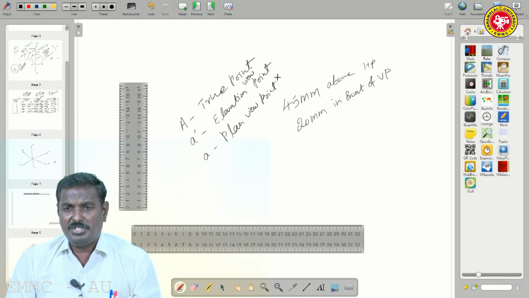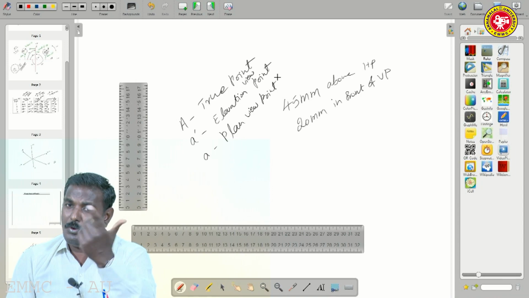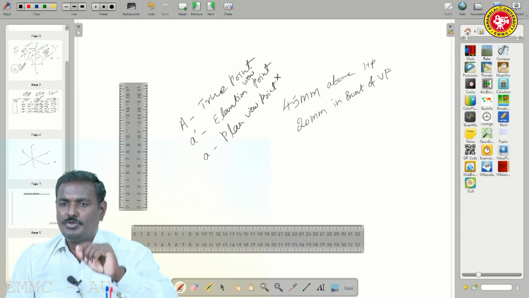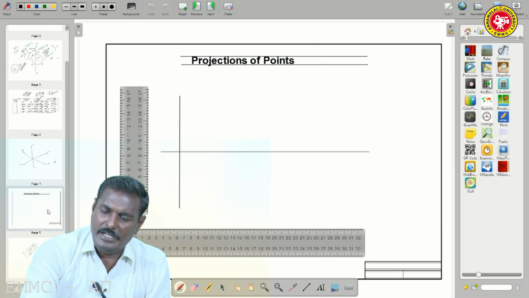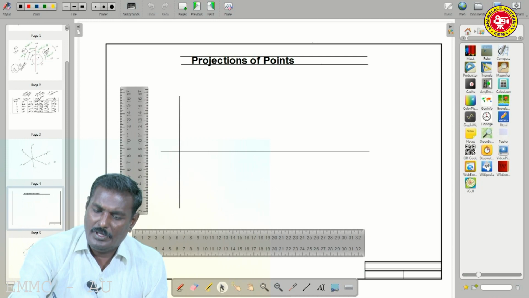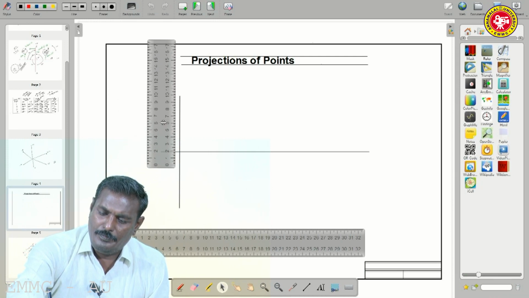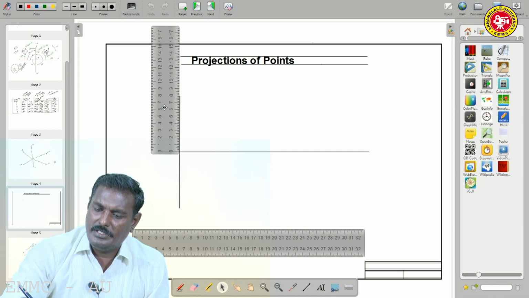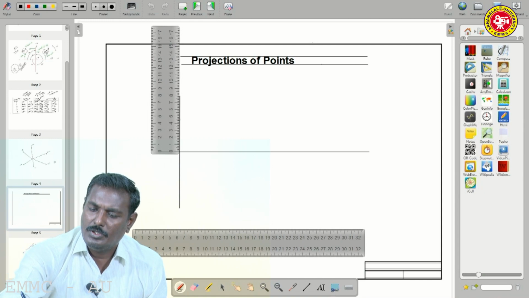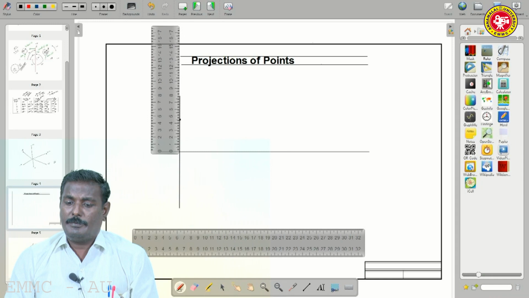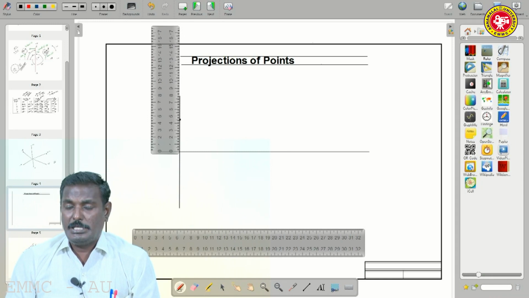So what about the A dash distance? What dimension is given? 45. Whether it is above or below? Above. So above the XY line, we have to measure. How much? 45 mm, which is 4.5 centimeters.